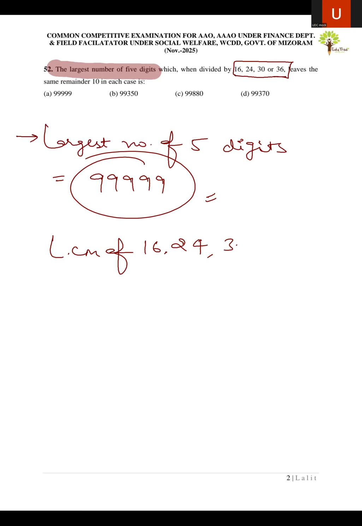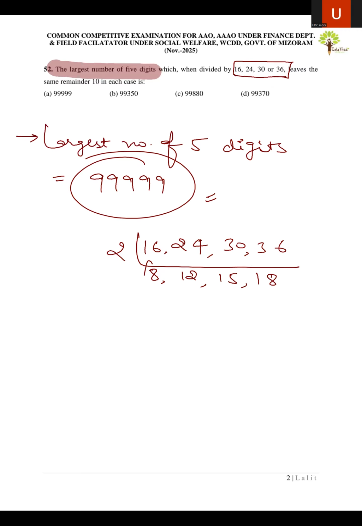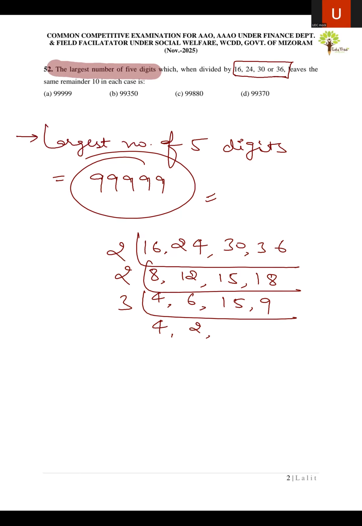What will be the LCM? If we have to find the LCM of these numbers, just do it by division. 2 8 times, 2 12 times, 15 times, 18 times. 2 4 8, 2 6 12, 15, 2 9 18. Then 3, 2 and 3, 5, and so on.